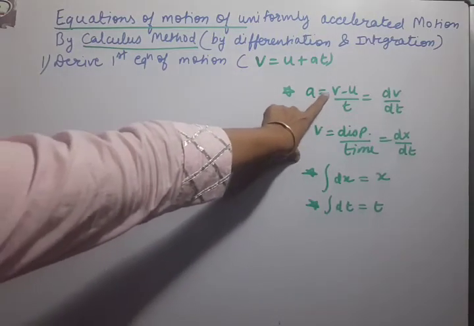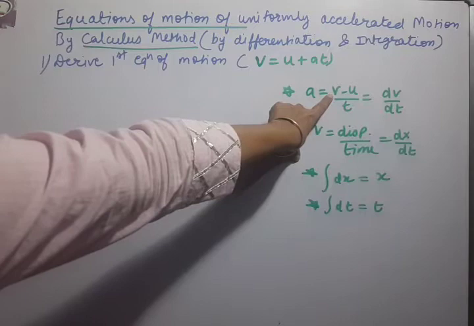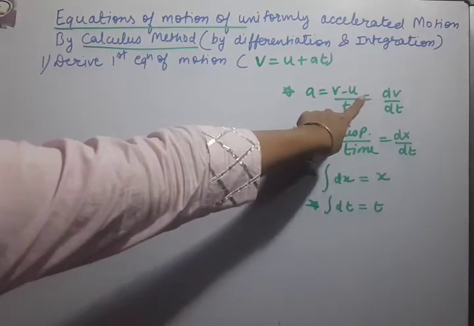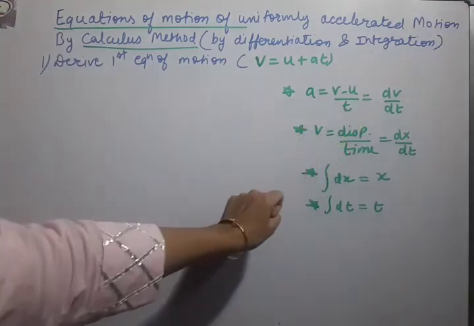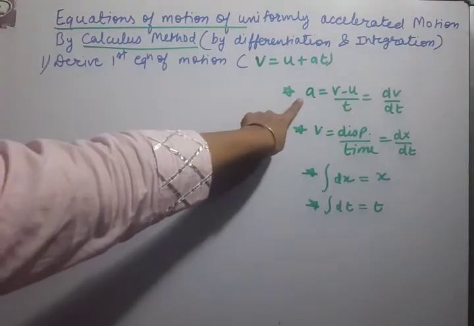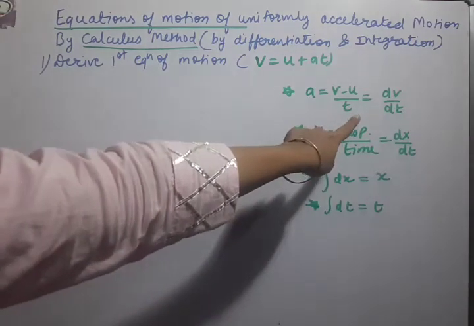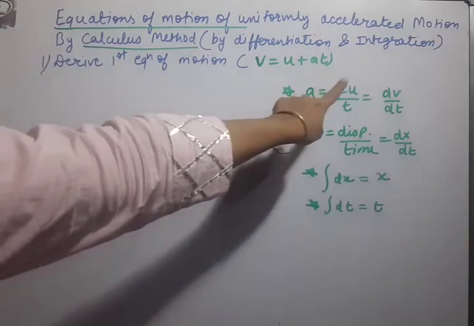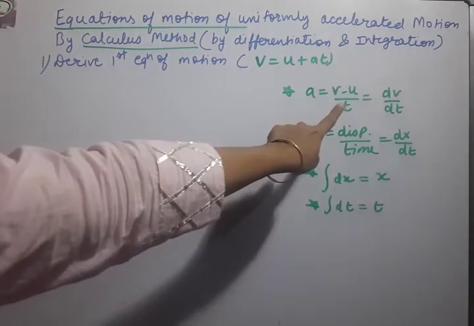Now when the change is very small, then change in velocity we write as dv, and with respect to time is dt. So now onwards we will be using acceleration formula in terms of differentiation, that means dv upon dt. Okay, so a equal to dv upon dt we will be using.